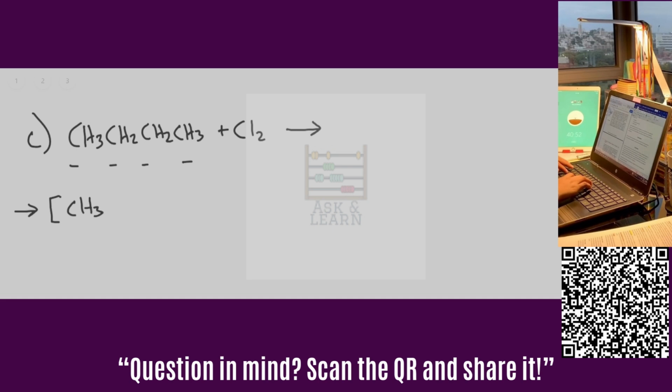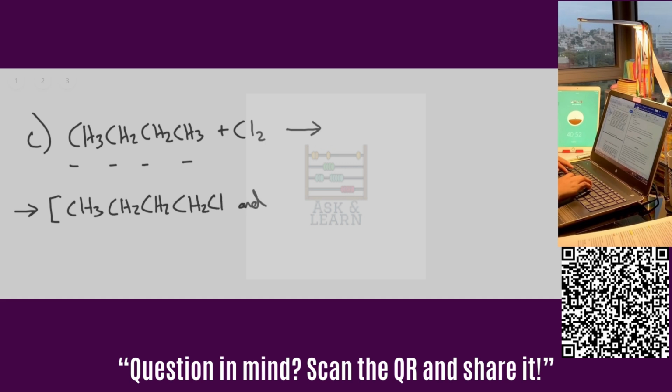So we're going to go ahead and write our possible products here. So we could add to the ending. We'll go ahead and add to the right side. So this is the same, and then we have a CH2 on the end, Cl.